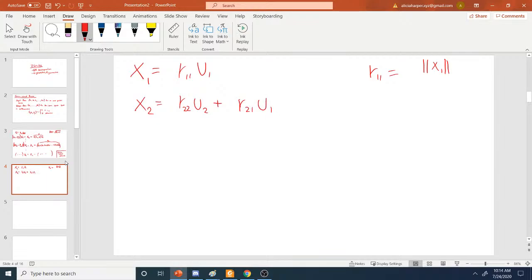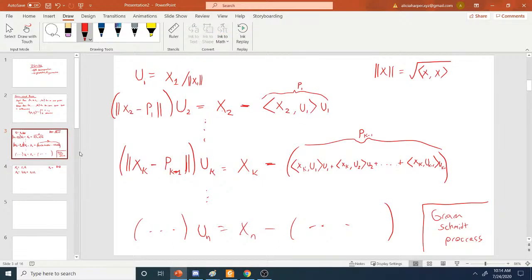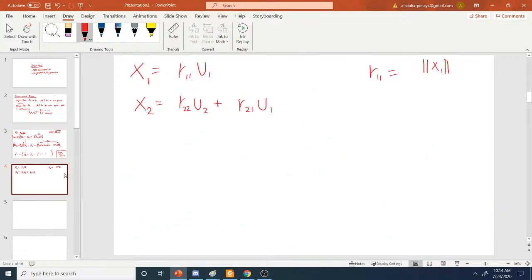And to figure out what r22 and r21 are, we just go back to the previous slide. So in this case, r22 is equal to the magnitude of x2 minus p1, and r21 is equal to the inner product of x2 with u1.